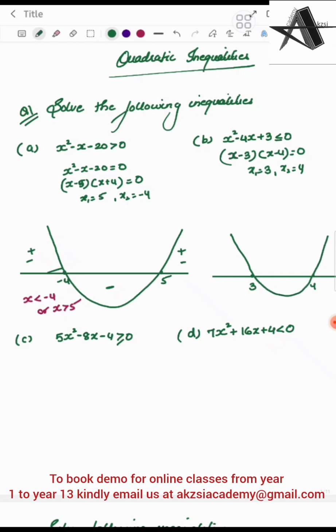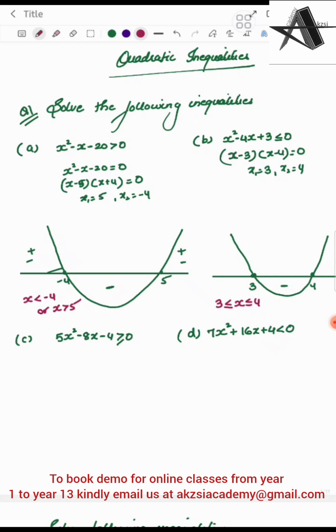Now, this is less than equals to. That means this negative region should be our focus. And this negative region is between the two roots. So my final range of this inequality will be that x should be greater than equals to the smaller root and less than equals to the larger root.